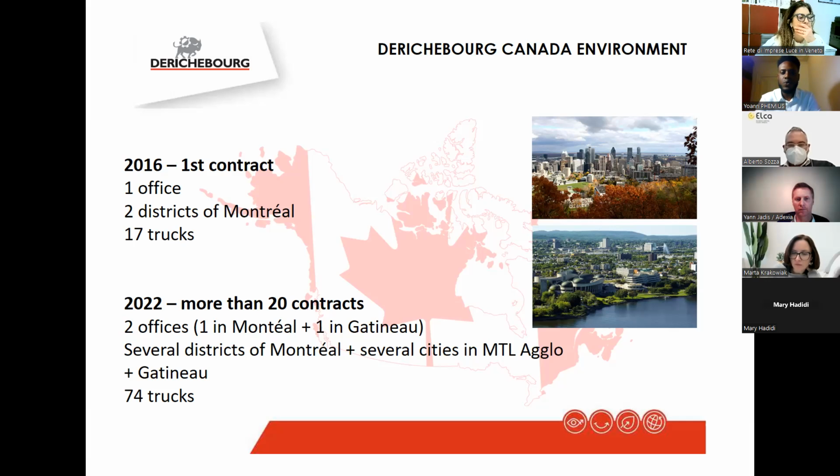Today in 2022, we have more than 20 contracts. We have 2 offices, one in Montreal, the same as in the beginning, and another one in Gatineau. Gatineau is one of the biggest cities in Quebec, and it borders Ottawa, the federal capital of Canada.